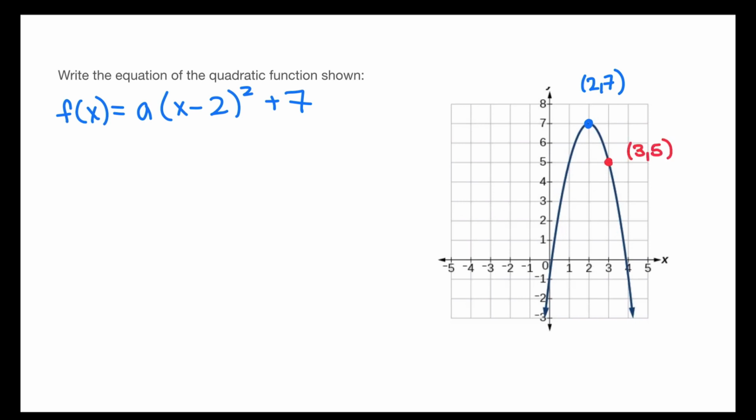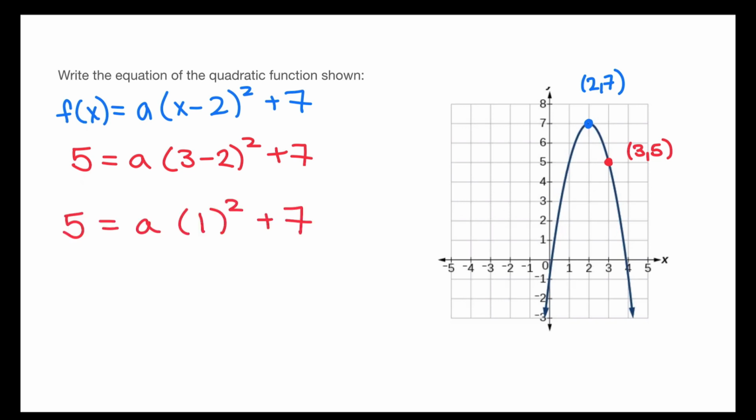So looking at this graph, I notice a place where the curve goes exactly through the corner of a box. Looks like that's the point 3, 5. So this graph also contains the point 3, 5. I can use that information to solve for a. Specifically, I am going to take the 3, plug that in for x, and plug the 5 in for f of x.